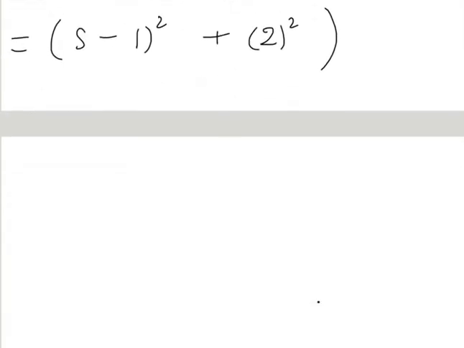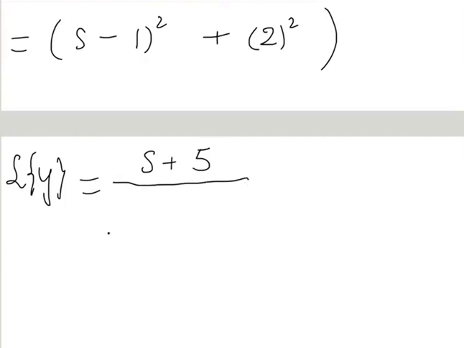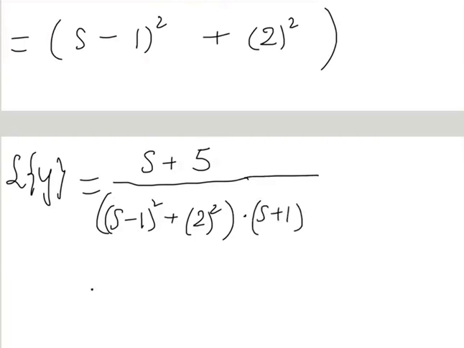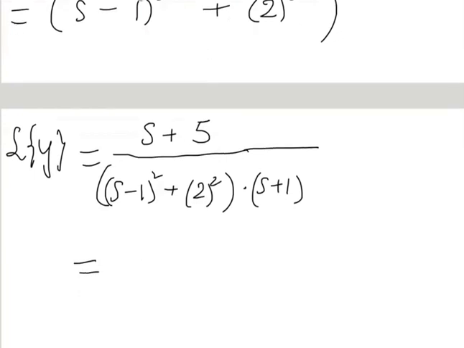So now the partial fractions have the following form. Let me rewrite it first: s plus 5 in the numerator, and then (s minus 1) squared plus 2 squared times (s plus 1) in the denominator. We have the linear piece s plus 1 and the irreducible quadratic term.